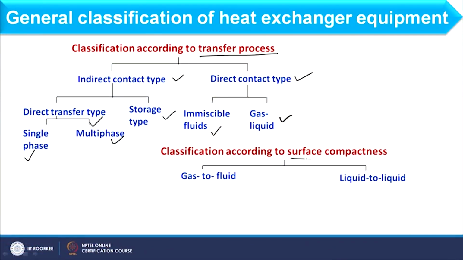Now, further we will consider the classification based on surface compactness. What is surface compactness? Surface compactness means how compact or how small the heat transfer surface is. It does not mean that heat transfer is less.